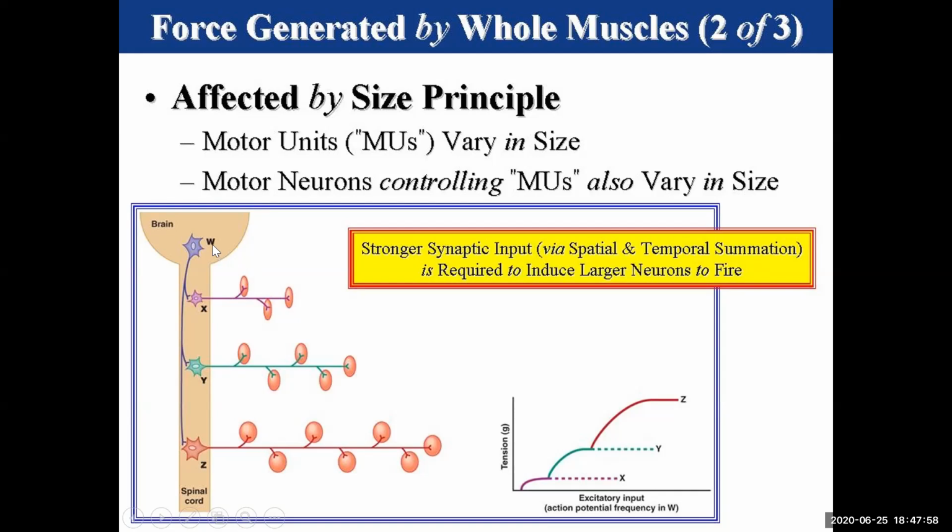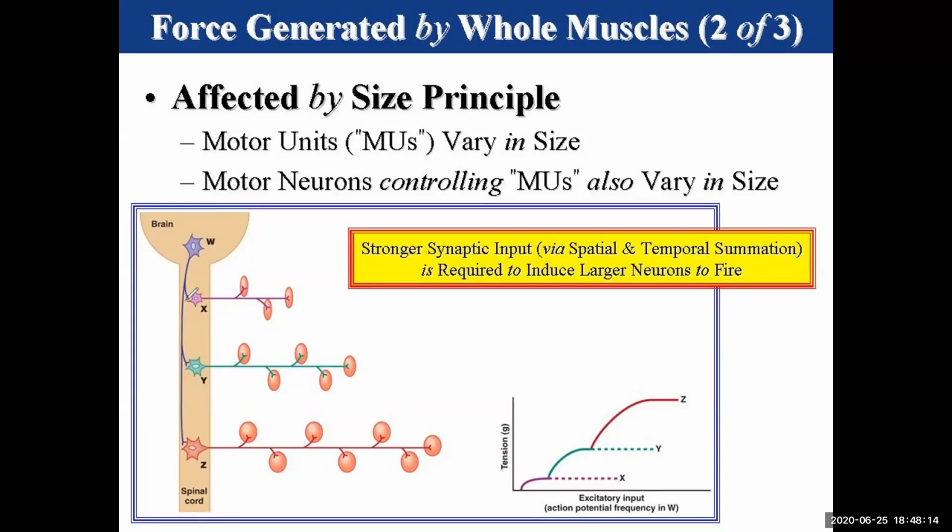W here is the upper motor neuron, okay? That's nothing new. We learned that also. Let's make sure that we have it down here. So W, which is the neuron in purple, I hope it's purple, that's the upper motor neuron.